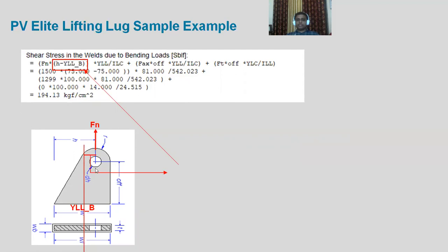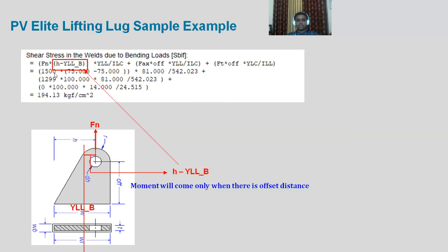And this is the distance of our interest. And how to calculate that distance? That distance is nothing but h, that is this central distance, minus YLLB, that is the extreme fiber distance from the central axis. So H minus YLLB. But in our case, we have seen that 150 was the total length, and we have taken H exactly at the center, 75.